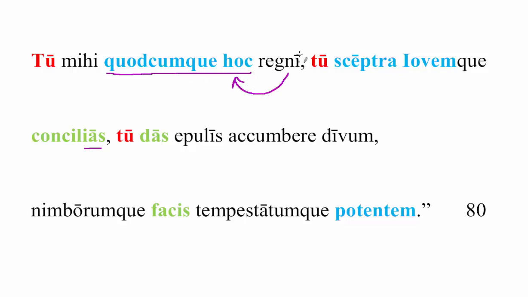So this regni here is a partitive genitive, the note tells you, and it is going with hoc, or quodcumque hoc, if you like. This is an expression of modesty. Whatever kingdom this is would be a fine way to translate it, but literally, whatever this is of a kingdom.